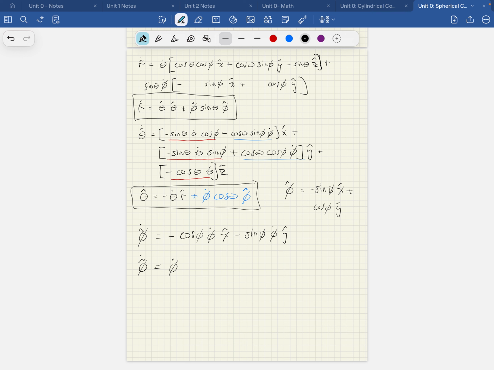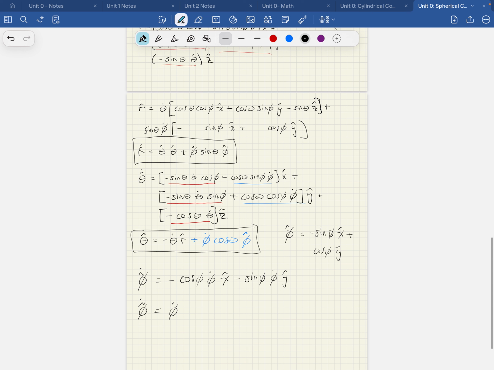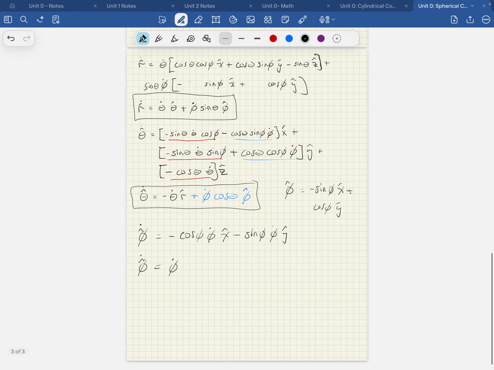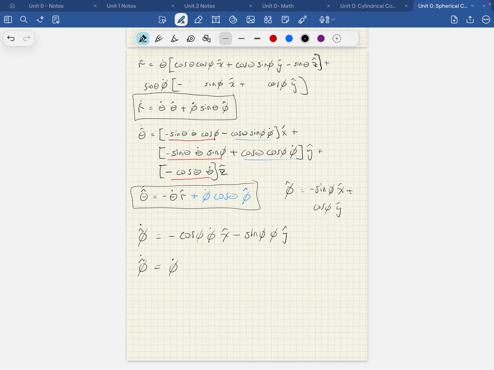Make sure that I got phi hat right. Phi hat is negative sine phi x hat plus cosine phi y hat. So phi hat dot, okay. Let's say that phi hat dot is that.